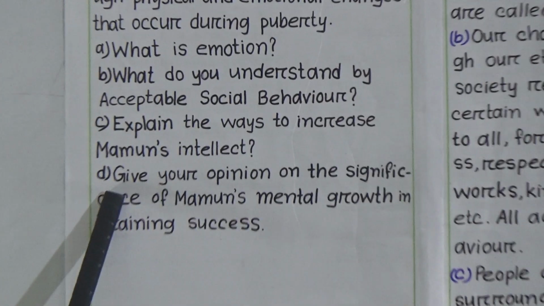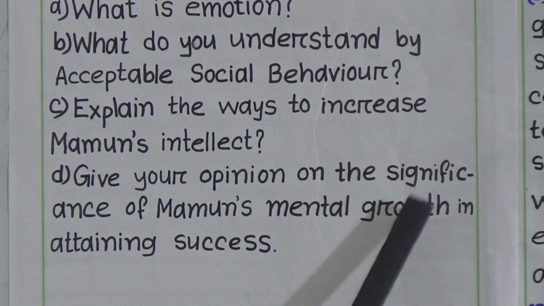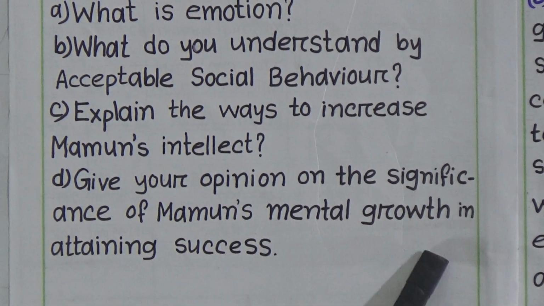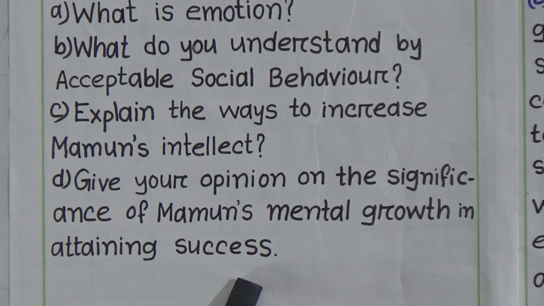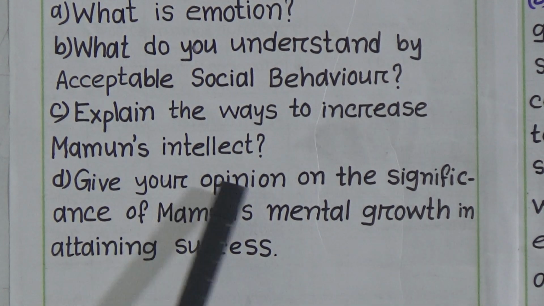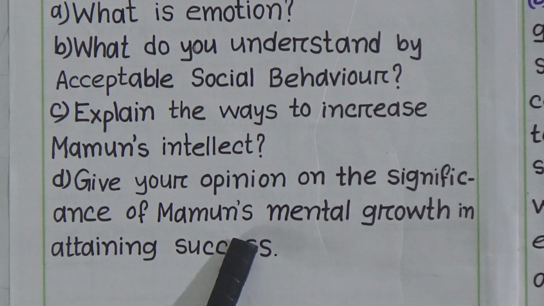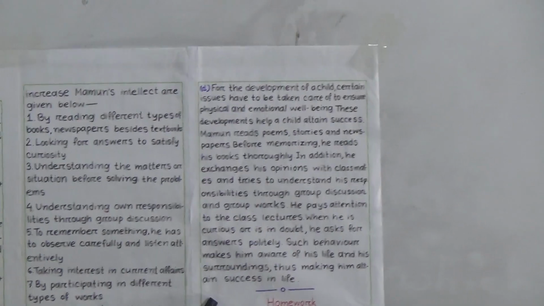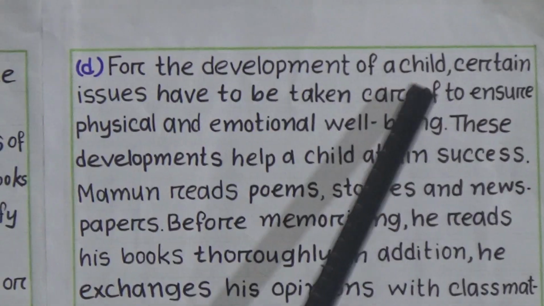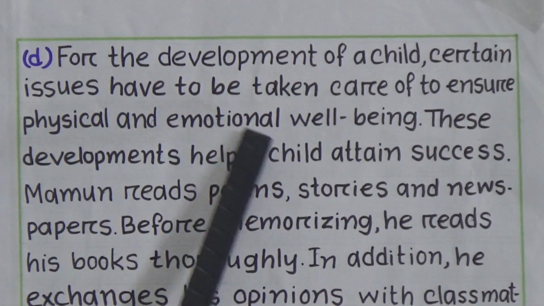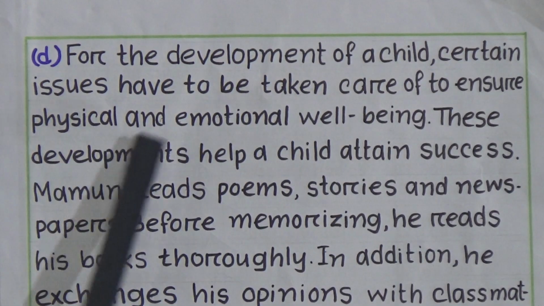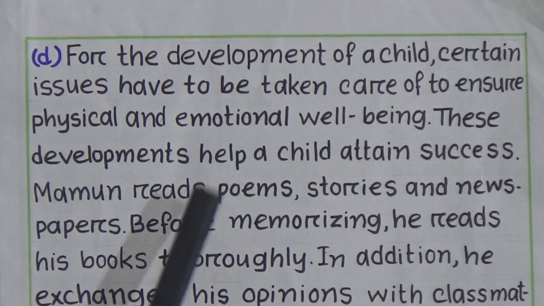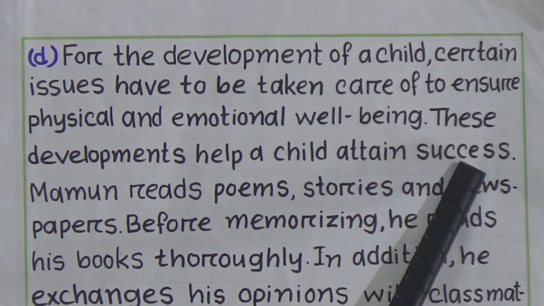Now we'll learn number D. The question is, give your opinion on the significance of Mamun's mental growth in attaining success. Students, you can write like this. The answer is, for the development of a child, certain issues have to be taken care of to ensure physical and emotional well-being. These developments help a child attain success.